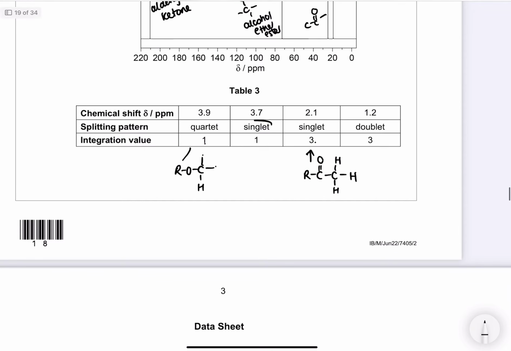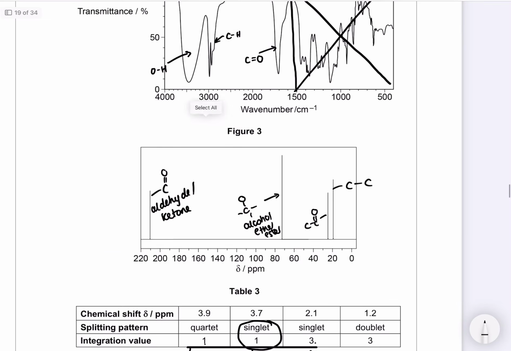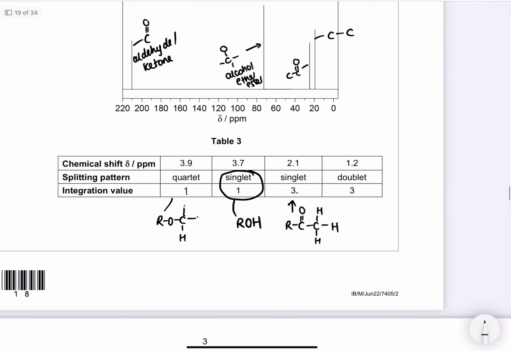And the fact that this is area 1 singlet, we know that OH peaks are not split and do not cause splitting. So once we knew from the infrared that we had an alcohol, we needed to find one that only had area 1, but that didn't get split, because alcohol hydrogens cannot be split.